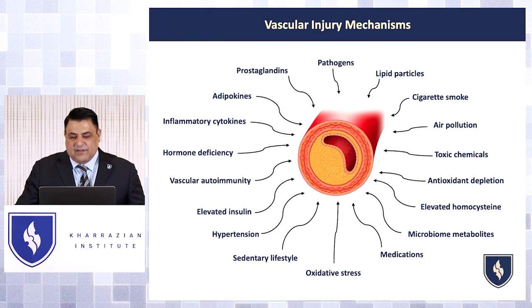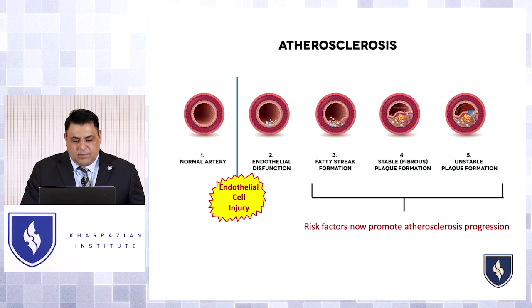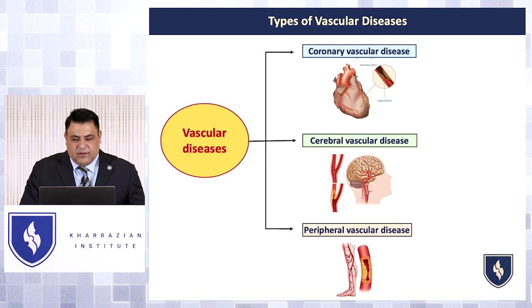Those are all the things that damage cells in the area and lead to inflammation. So all the concepts of the hallmarks of aging really apply to atherosclerosis. And the risk factors that we know promote atherosclerosis are the same risk factors that are associated with the hallmarks of aging. And then once people start developing vascular disease, it is going to express throughout their body.